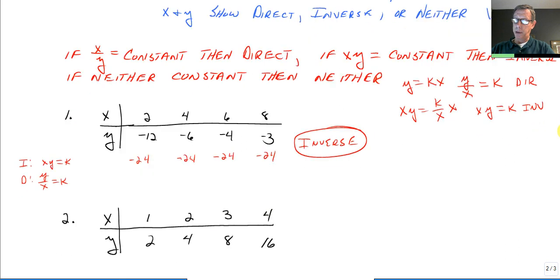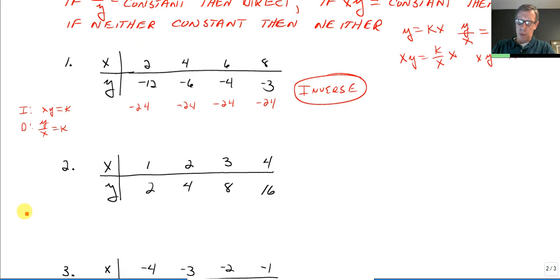Let's go down and try the next example. Once again, remember inverse variation is going to say x times y is equal to a constant. Direct variation would be y divided by x is equal to a constant. And so let's see what we have here. So we would have x times y, that's 2. X times y is 8.